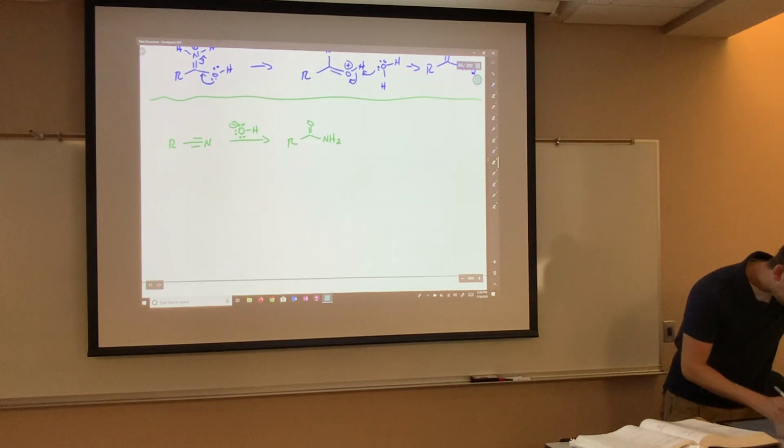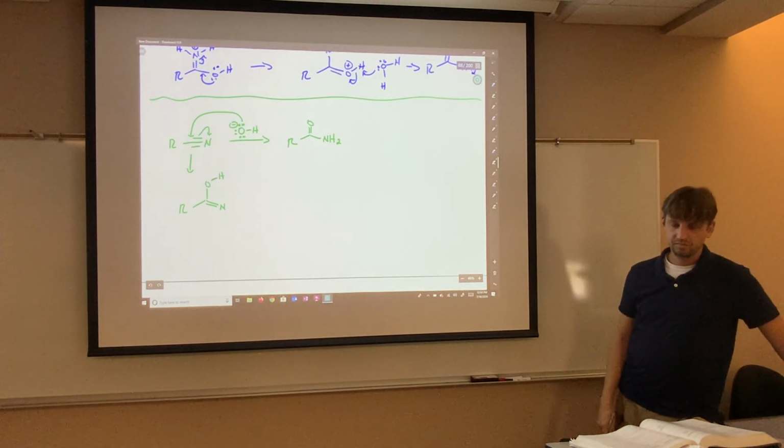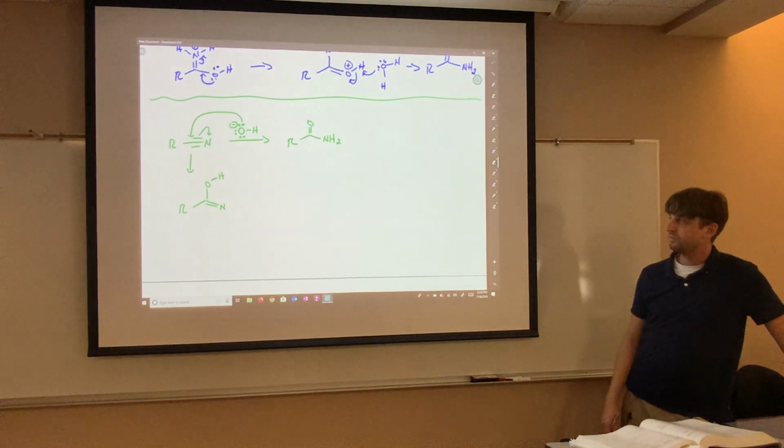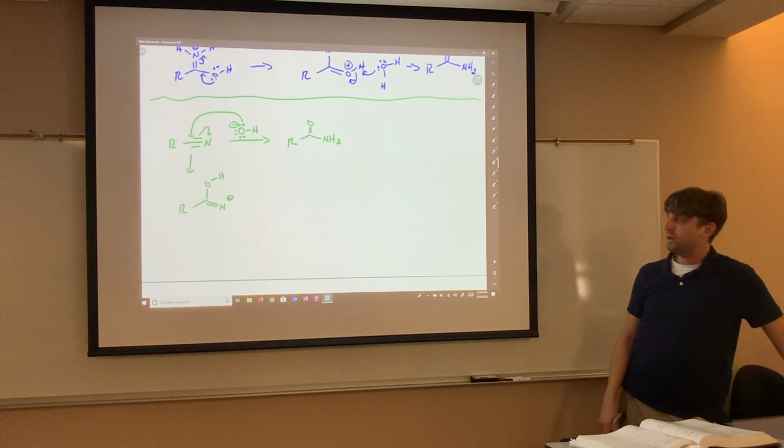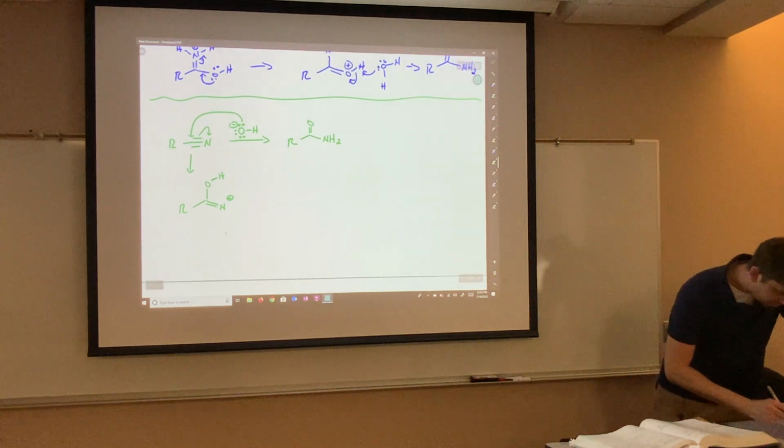Oops, I already got my lights there, right? Okay, okay. Oops, there we go, forgot my minus. Traded one minus for another, made a powerful base.